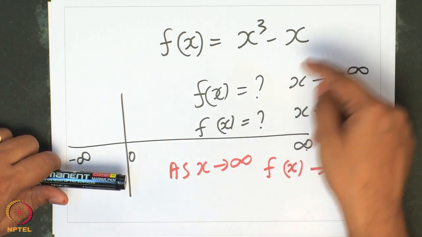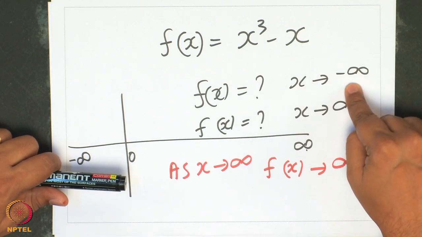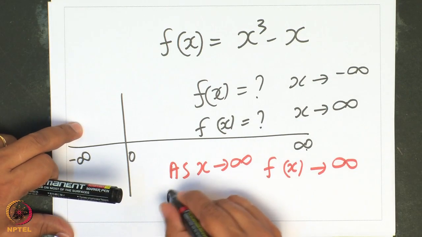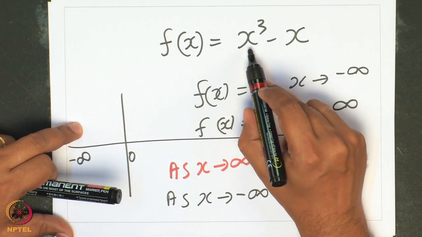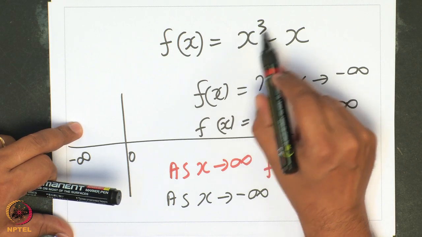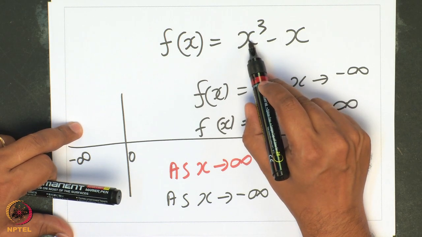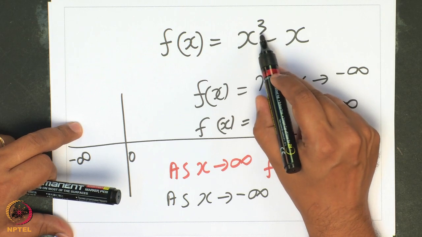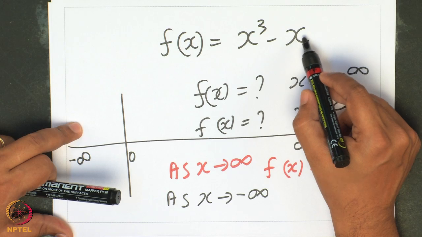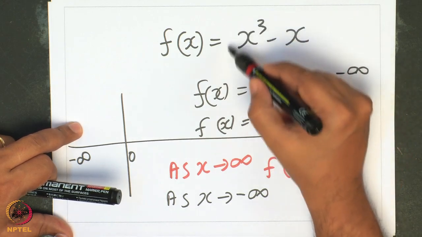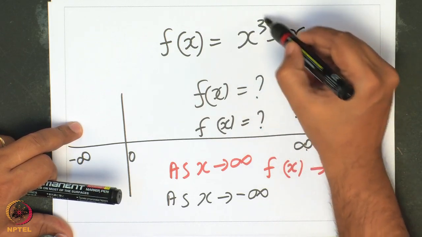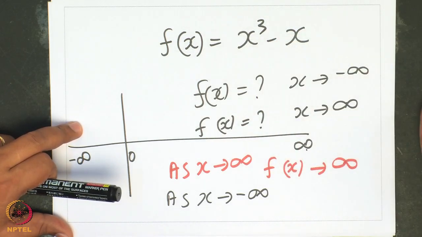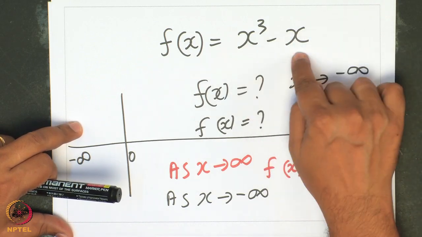Now, as x goes to minus infinity, what will happen? When x is very small, minus infinity cubed. If x is minus 10, cubed is a huge negative number, and this will be the dominating term always. If x is highly negative, x cubed will also be a large negative number and will be much larger than x.